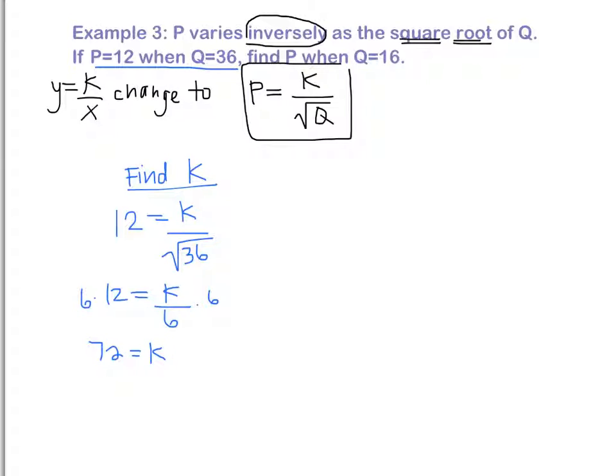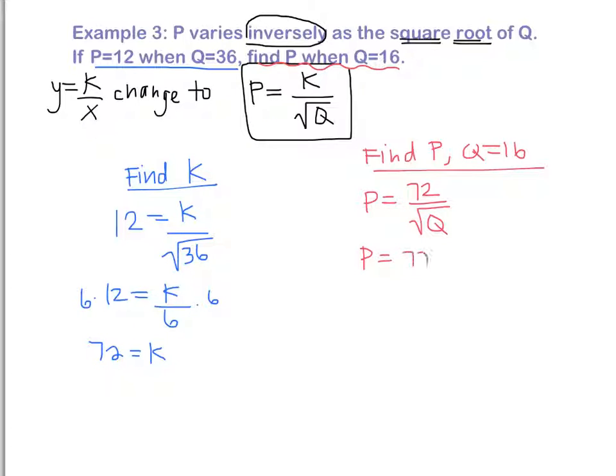So now we have the equation p equals 72 over the square root of q. And we can do the last piece here. Find p when q is 16. So p equals 72 over the square root of 16, which the square root of 16 is 4, and 72 over 4 is 18.